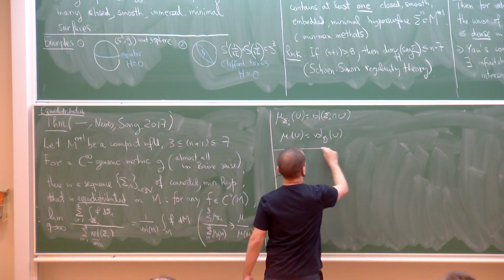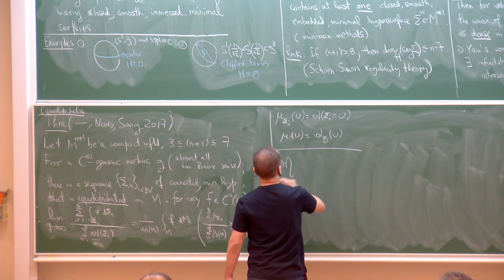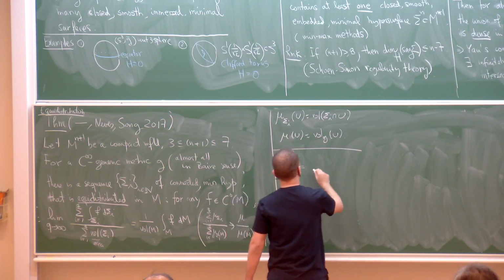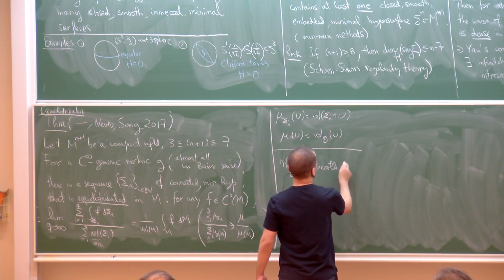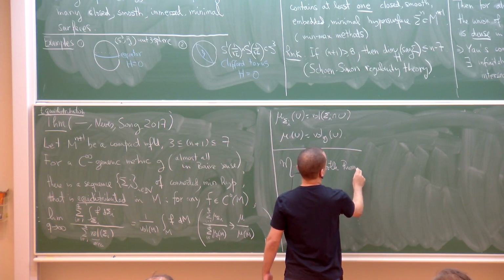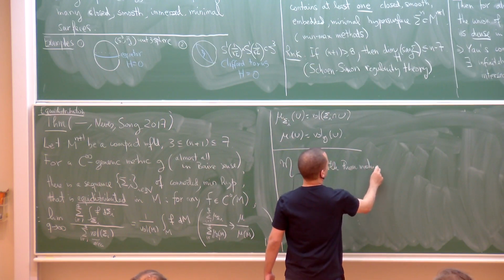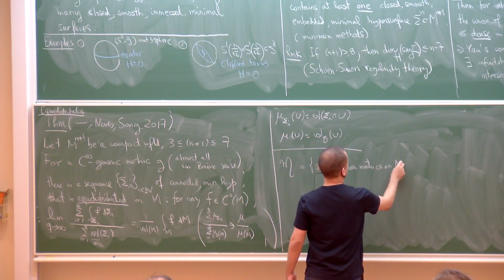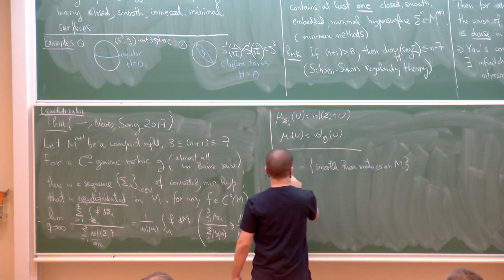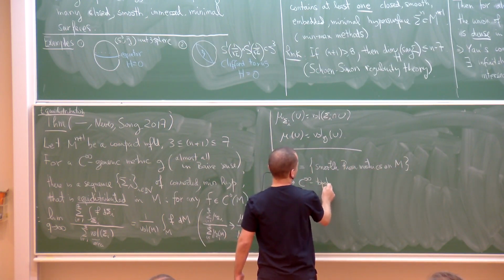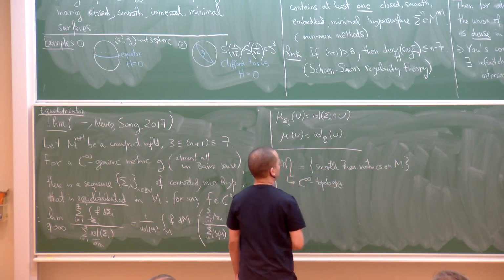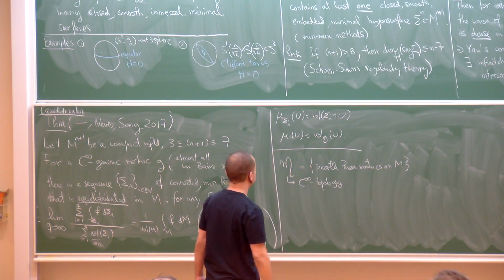Say that script M is the space of smooth Riemannian metrics on M. I put here the C-infinity topology, so this is a topological space.